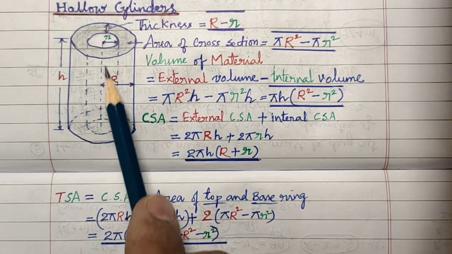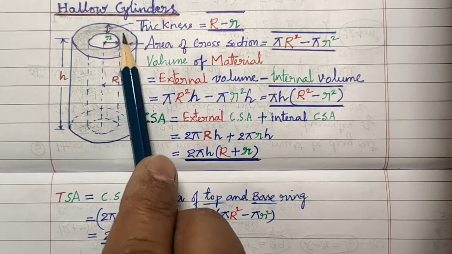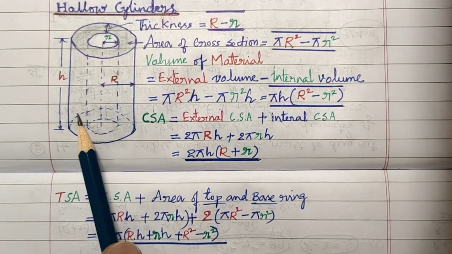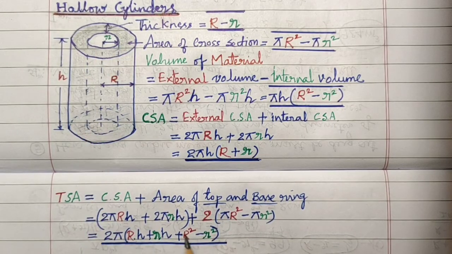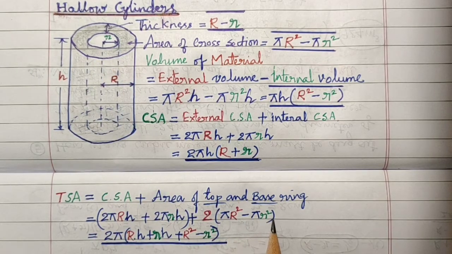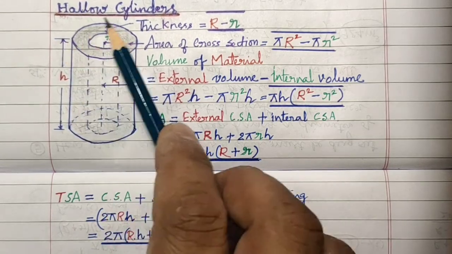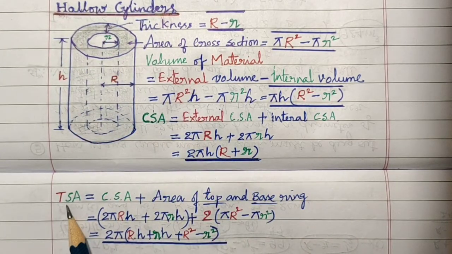This area, pi R square minus pi r square, and this area, pi R square minus pi r square, 2 times because there are 2 here. This whole surrounding area plus the inside and top and bottom portions is the total surface area.